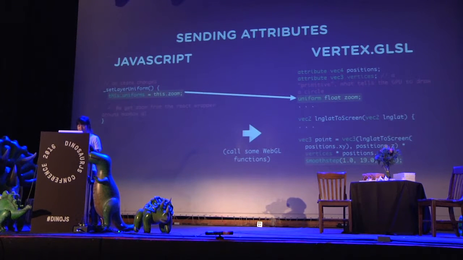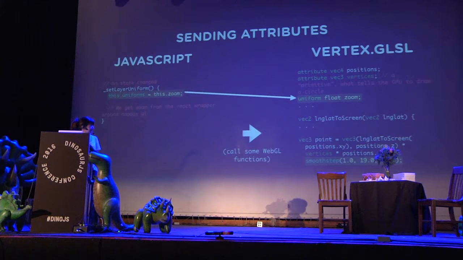A uniform is kind of like an attribute, but the difference is attribute variables vary from vertex to vertex in a shader. So positions are different for every point that we send in, but a uniform is the same for every vertex.